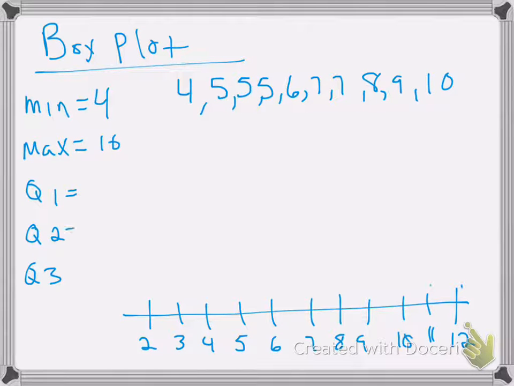We've got our Q1, Q2, and Q3. Okay, Q2 is just our median, so I need to find my median. Well, here's 1, 1, 2, 2, 3, 3, 4, 4. So we've got 6 and 7 in the middle. Okay? Now, if you have 2 in the middle, you need to find the average or mean of those 2 numbers. So 6 plus 7 gives you 13.